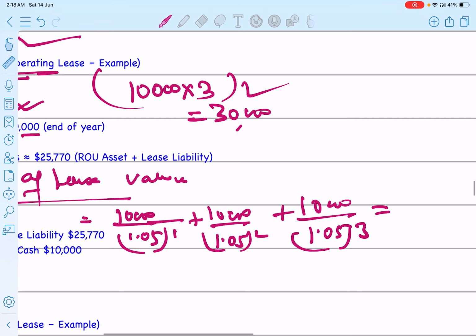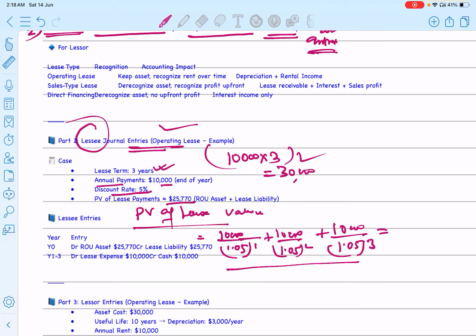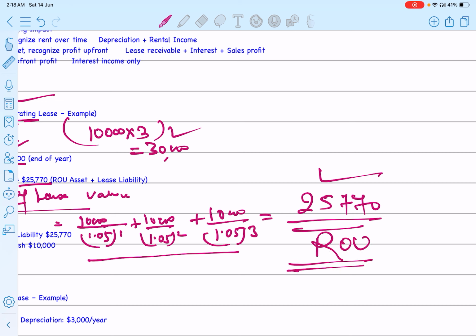If you do all the present value calculations and add them together, this will become 25,770. So this is the value of the ROU asset plus lease liability. The ROU asset and the lease liability are of similar value.